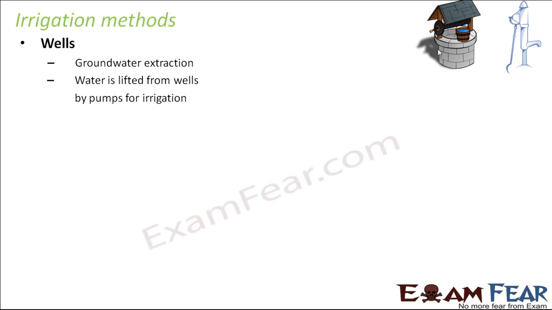So we bring up the groundwater, and then that water is applied to the fields. Now how is water applied to the field? There can be many different possibilities. One option is that farmers can manually carry the water and apply it on the fields. That will involve a lot of time, it will be a slow process, and it will also involve a lot of labor.